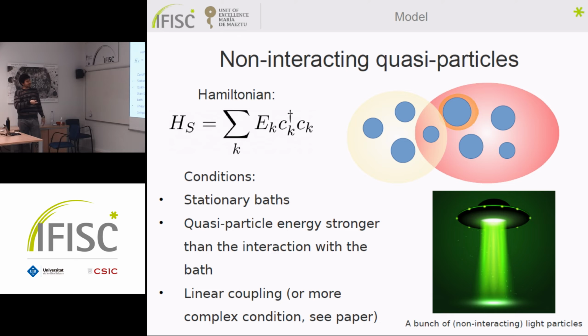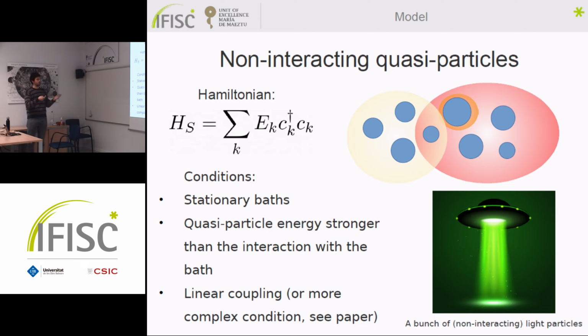And the conditions I want for my model is that there are stationary baths, in the sense that these environments are interacting with the particles. You see these nice circles of yellow, red, and orange around the particles. It means that there are some external environments, for instance, thermal field, electromagnetic field, that are acting on the particle.